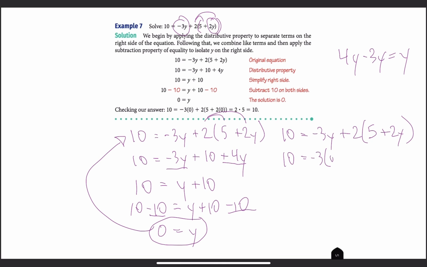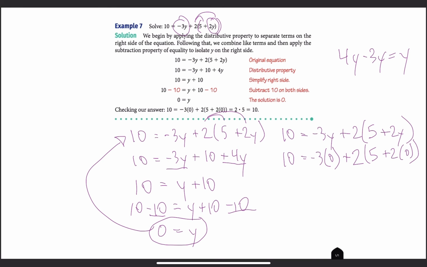Instead of times y, I'm going to say it's times 0. That's my proposed solution. Plus 2 times 5 plus 2 times 0. And so I need the original parentheses for the 5 plus 2 times y, and I need the parentheses around what I'm substituting in for my y, which is my proposed solution, 0.